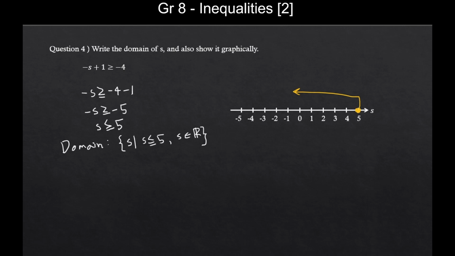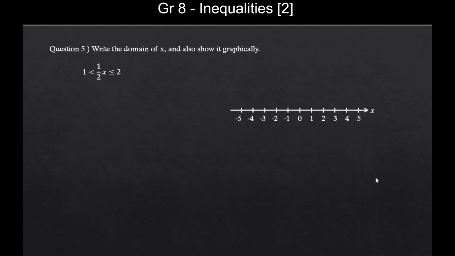Up till question 4, they were pretty simple questions. Now let's try harder ones, shall we? Okay, now we have two inequality symbols on both sides. So what should we do? We just have to do the same thing. We have to get rid of the 1/2 that's in front of x, right?